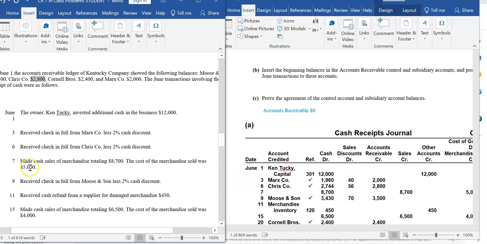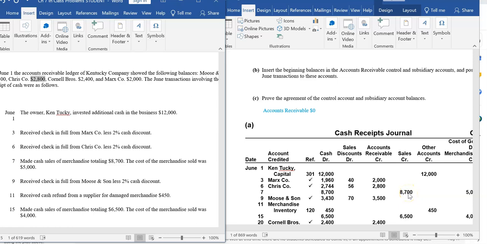On the 7th, made cash sales of merchandise totaling $8,700. The cost of the merchandise sold was $5,000. Cash sales. When we sell on cash, we are going to be debiting cash for $8,700 and crediting sales for $8,700.